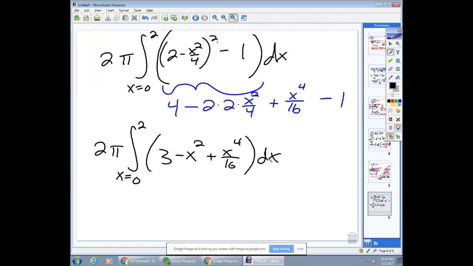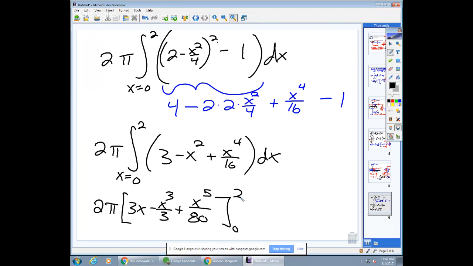And now antiderivative, 2 pi square bracket 3x minus x cubed over 3 plus x to the 5th over 80 from 0 to 2. And the 0 zeroes out, so all I have to do is worry about the upper boundary.